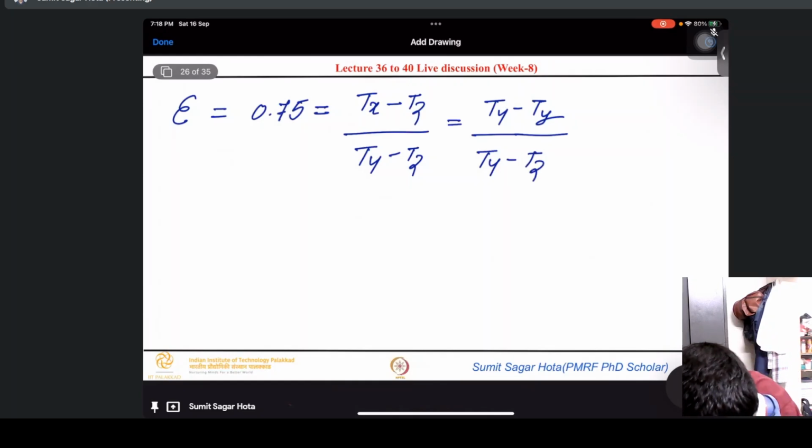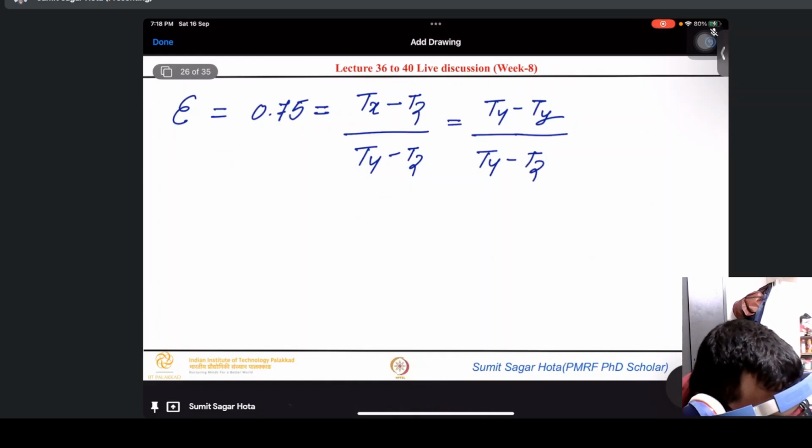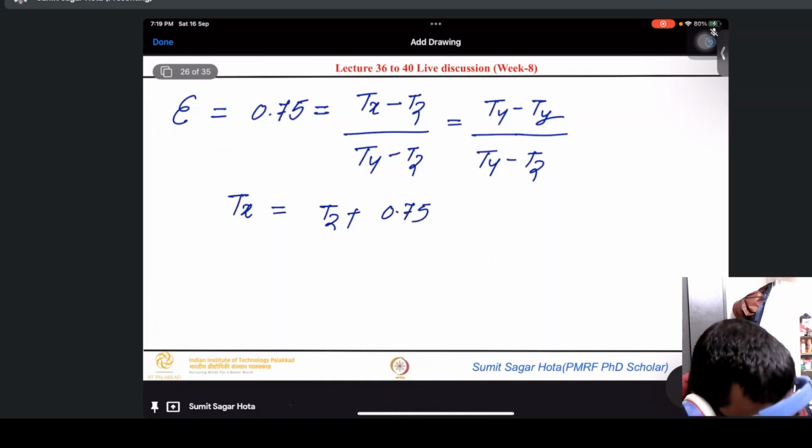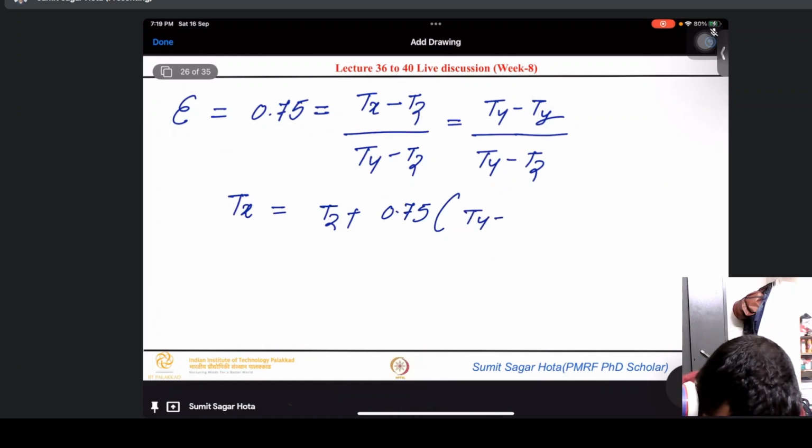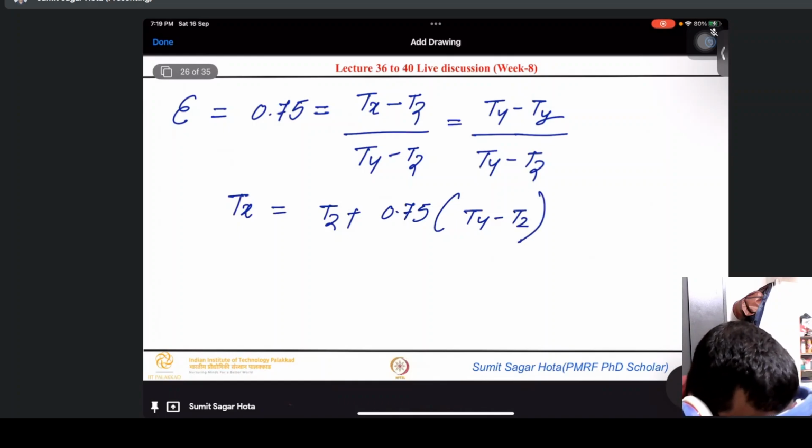Okay. So first, now find out what? Tx. Okay. So Tx is equal to T2 plus 0.75 into T4 minus T2. Right.